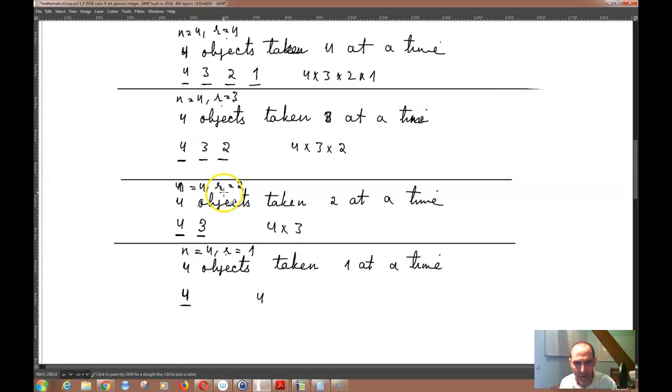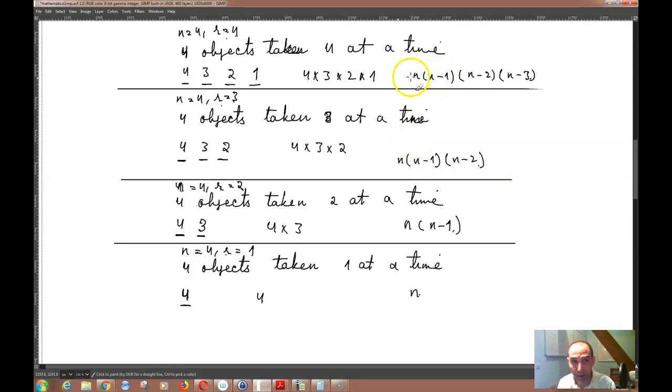And so what that means is that these numbers, I can write them as n times n minus 1 times n minus 2 times n minus 3. And over here I can write these numbers as n times n minus 1 times n minus 2. And over here I can write these numbers as n times n minus 1. And these numbers I can write them as n.